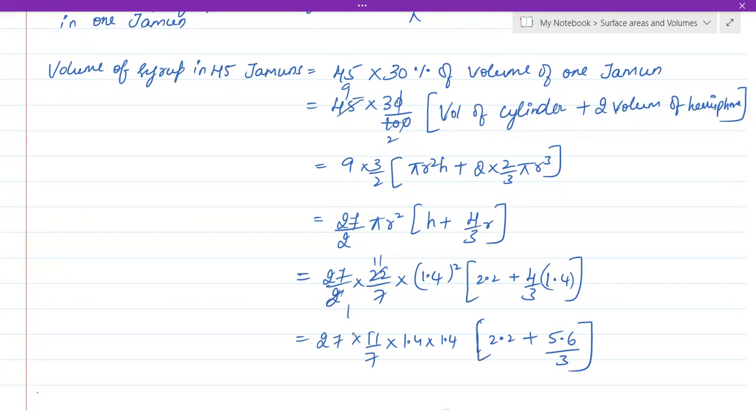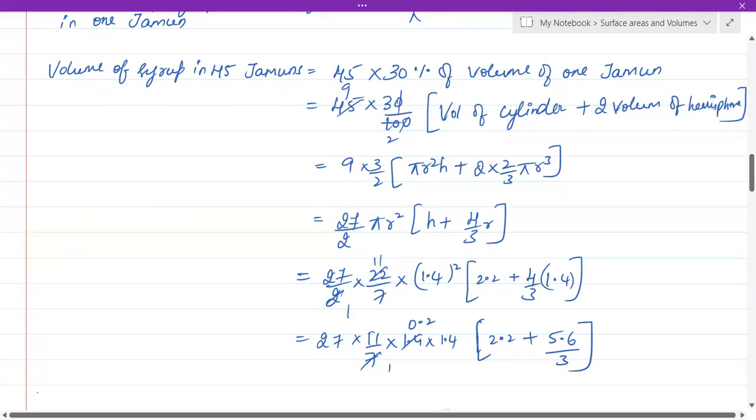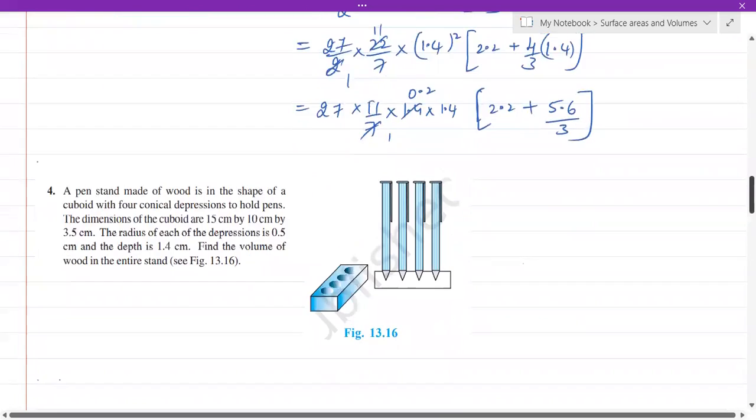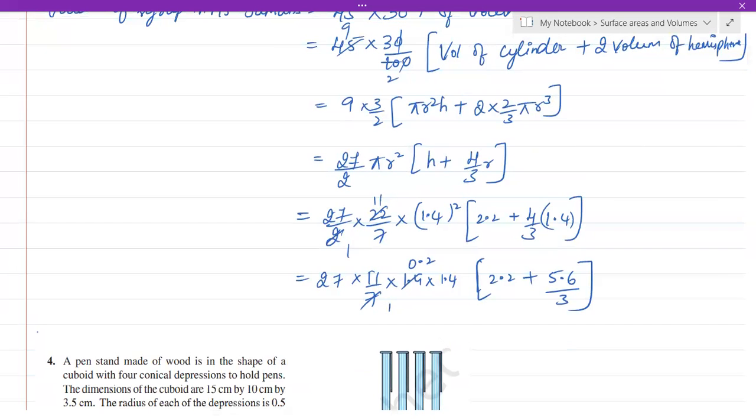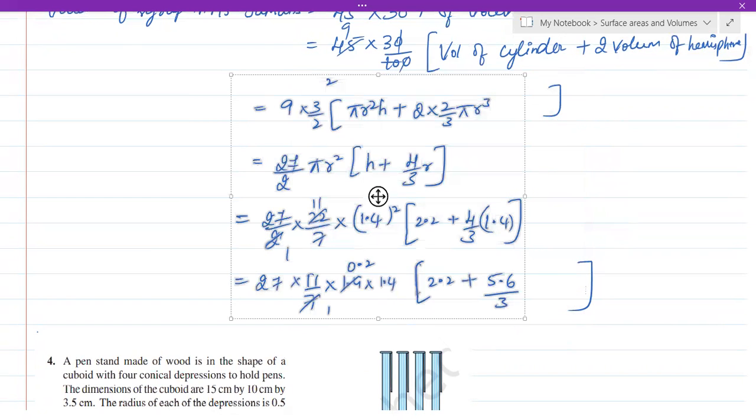Okay. So here also you can cancel, 7 ones are 7, 2s are 14.